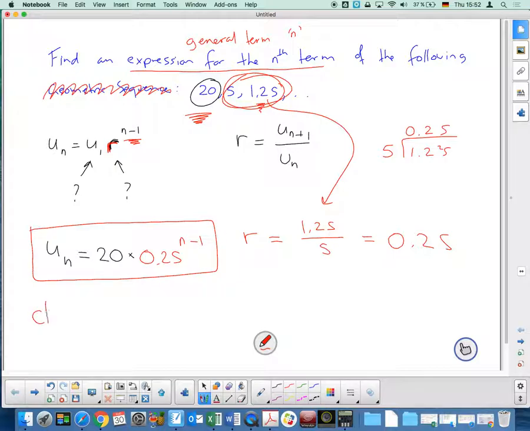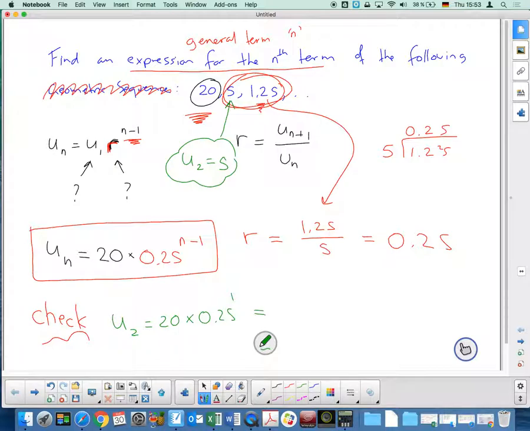If you've got time, you can always check that because it should work for the one that you've been given. So what I could do is say, is that going to give me the second value? Because U2 is equal to 5 here. So let's just check that. If I use my formula, U2 is going to be 20 times 0.25 raised to the power 1, which is just 0.25.